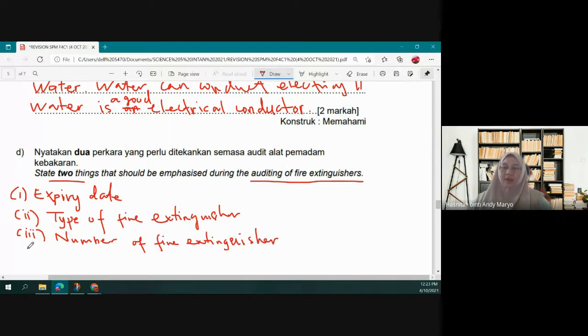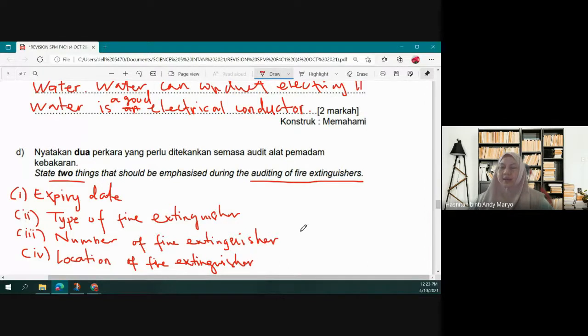Okay. And number 4, you can also check on the expiry date, type of fire extinguisher, number of fire extinguisher, the location where we place it. Either we place it in a correct position which is easily to see and easily to reach during emergency. Okay, location of fire extinguisher.